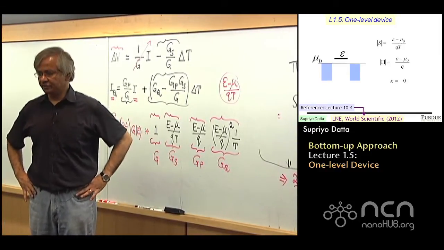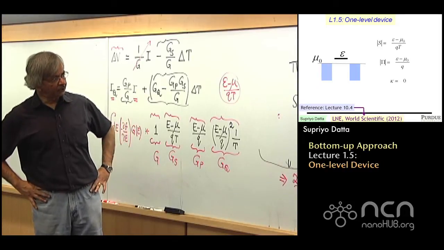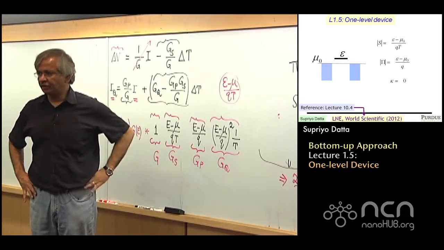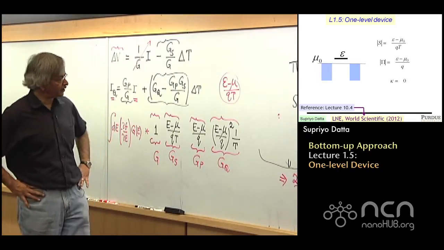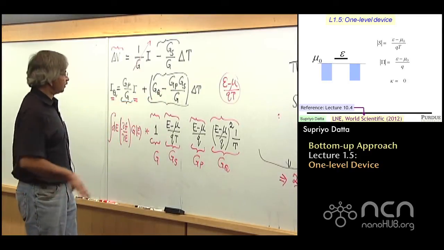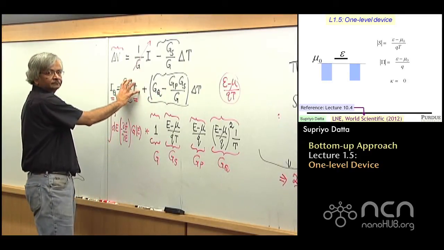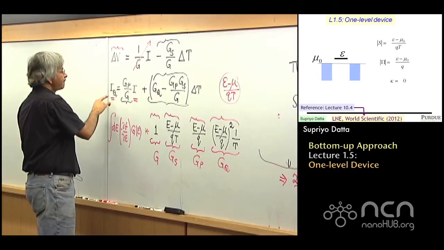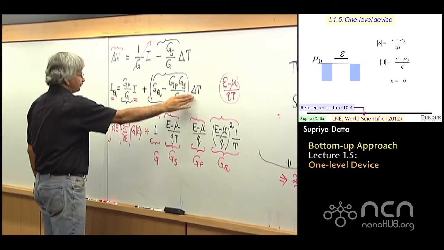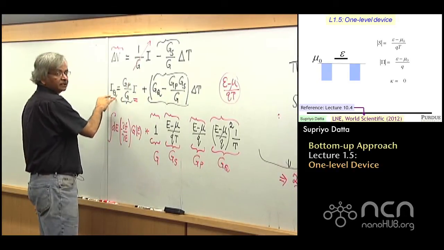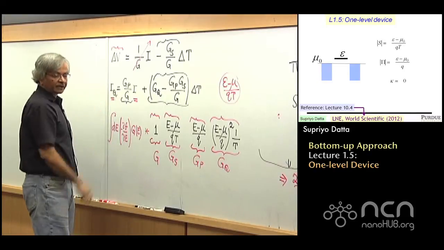What it tells you is that a single level device, a one level device, does not have any heat conductivity. So if no current is flowing, then for a temperature difference, there will be no heat current carried.